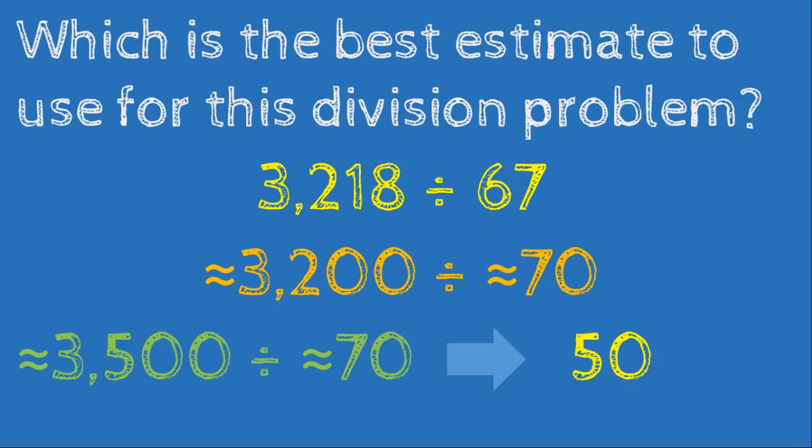That would be 5. So instead of doing 3,200 divided by 70, we can round that up to 3,500 divided by 70, because 70 can easily be multiplied by 50 to get 3,500. We know that 7 times 5 equals 35, so 3,500 divided by 70 would equal 50. That would be the best estimate, and that's why estimating is actually useful in division problems.